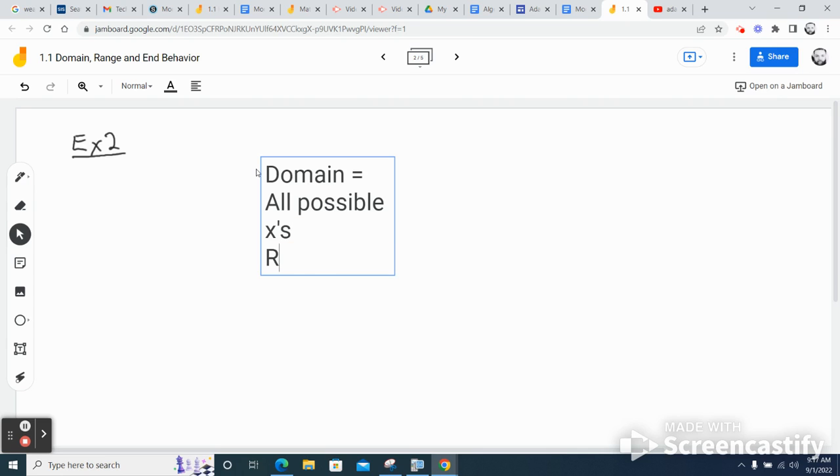Okay, and what is the range? All possible y's. So I think we guys are on the same page on that. We kind of understand that, right? It gets a little trickier when we get to how we figure that out with the graph.